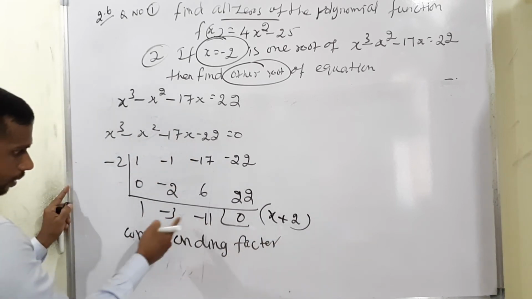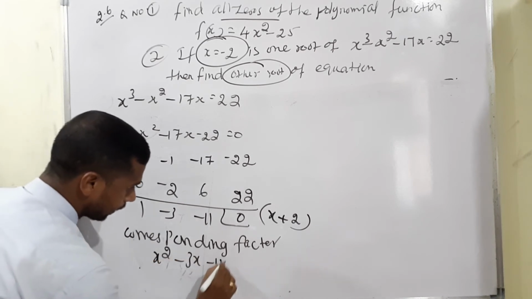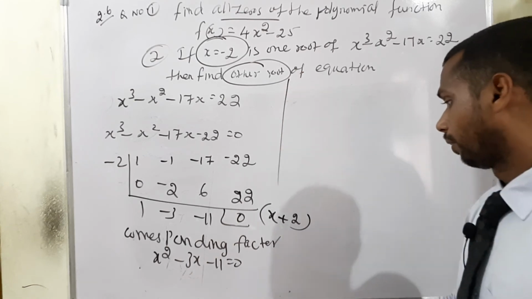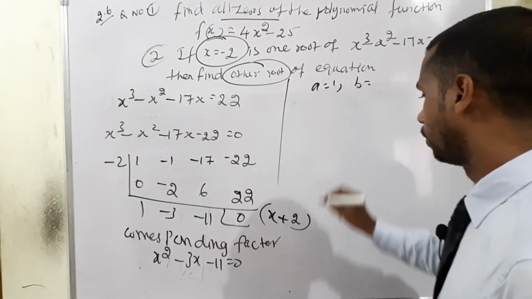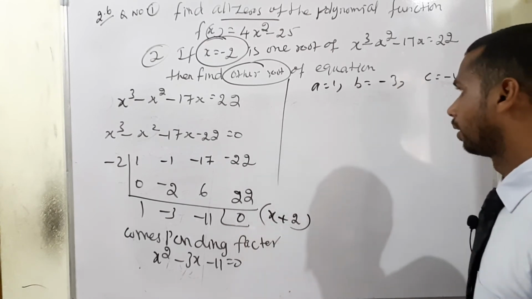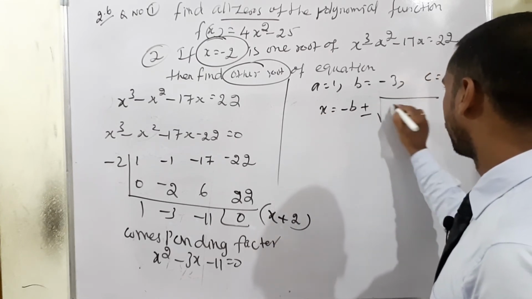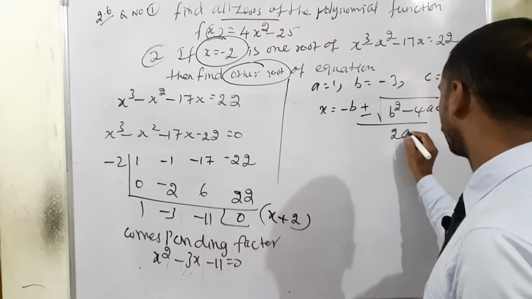is the remaining quadratic: x square minus 3x minus 11 is equal to 0. Now, we can apply the quadratic formula. a is equal to 1, b is equal to minus 3, c is equal to minus 11. Therefore, x is equal to minus b plus or minus square root of b square minus 4ac, divided by 2a.